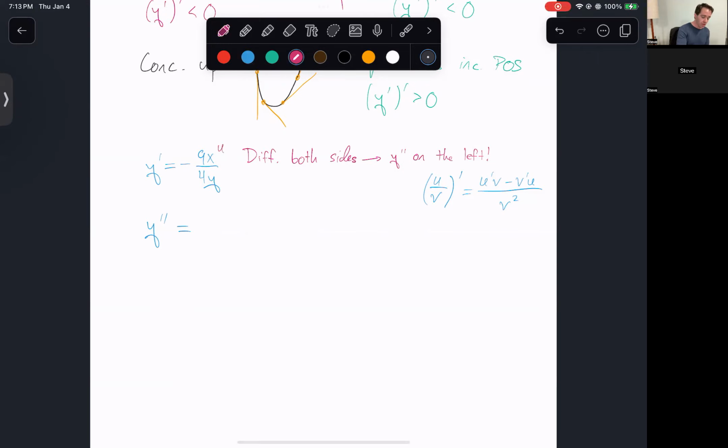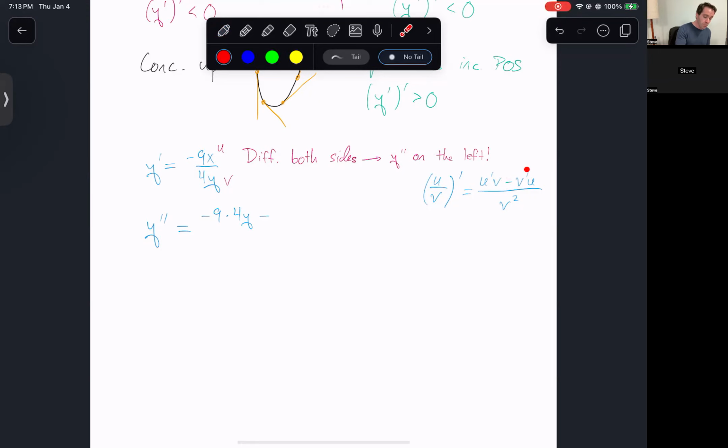The derivative of the top. Let's think of the top as negative 9x. So I'll make the minus sign live on the top of the function. Maybe just make that a little more explicit right there. So the top I'll think of as negative 9x and the bottom will be positive 4y. Derivative of negative 9x is negative 9. The bottom is 4y minus, so at this point I'm here in the quotient rule.